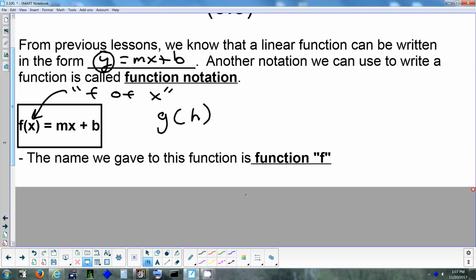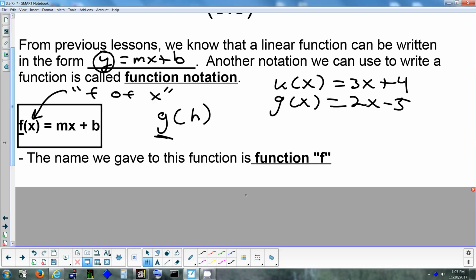Now, the letter that you put in the front, that's the name of the function. Function F, function G. So if I wrote on the board a couple things, function K, now I have three functions on the board. I could tell you guys, look at function K, that would be the 3x plus 4.